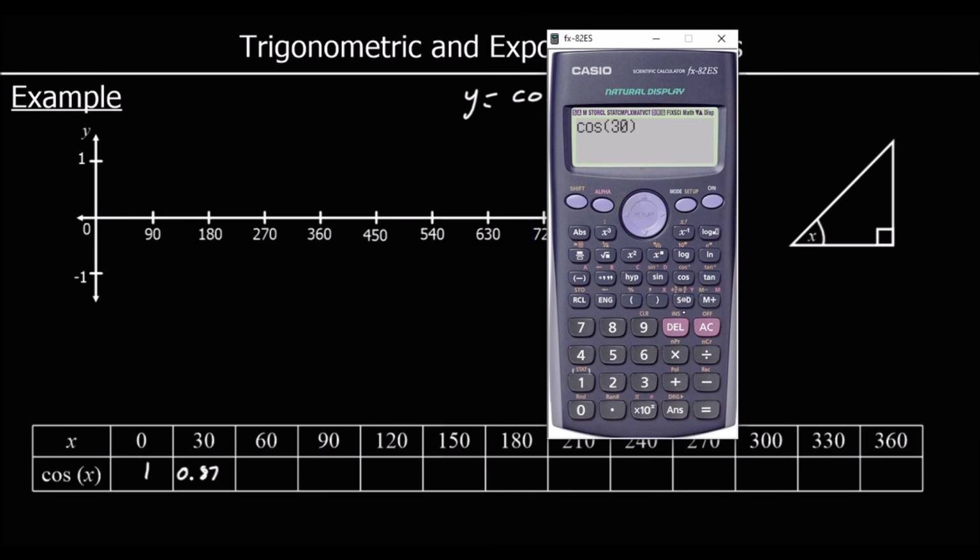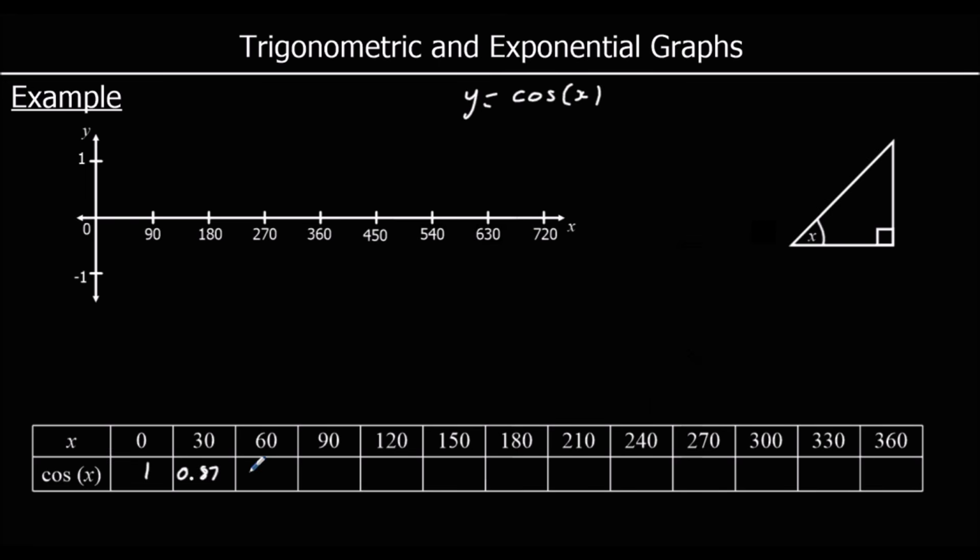Cos 60 is half. Cos 90 is 0. Then we have minus a half, minus 0.87, minus 1, minus 0.87, minus a half, 0, 0.5, 0.87, and 1.